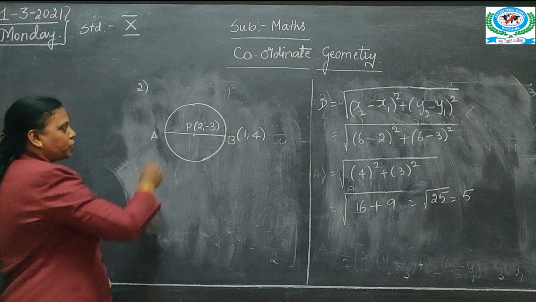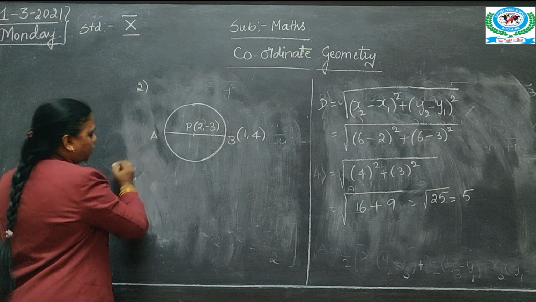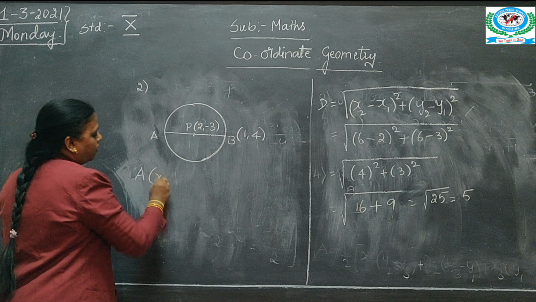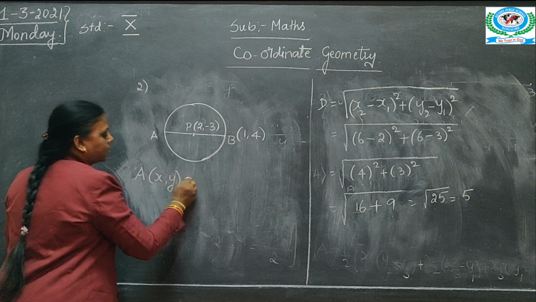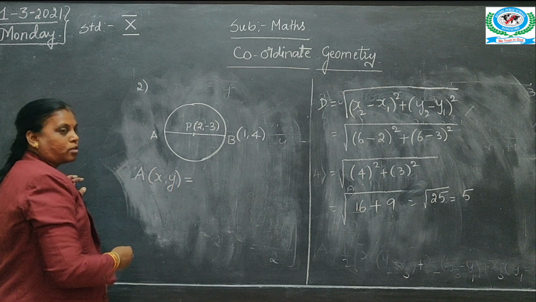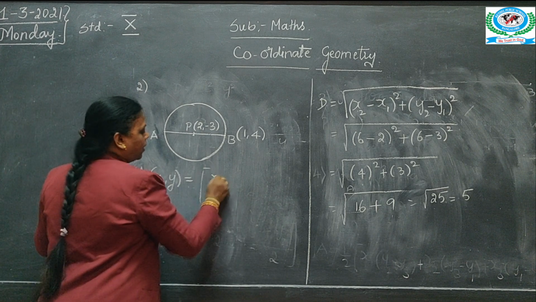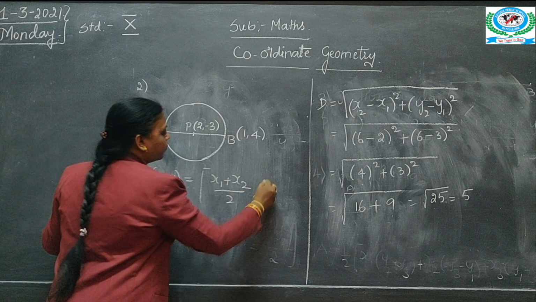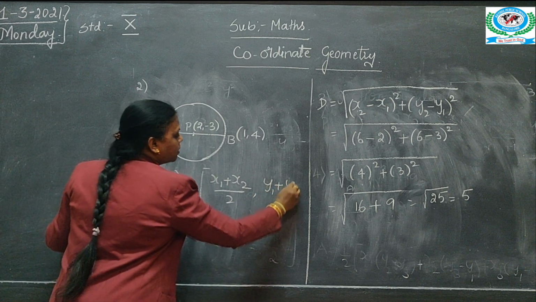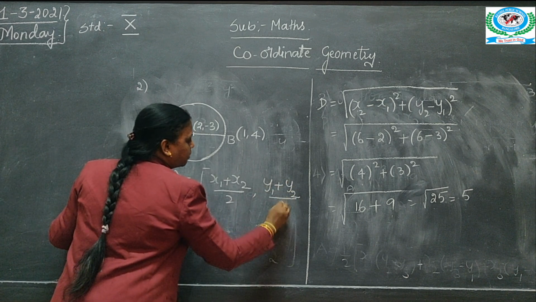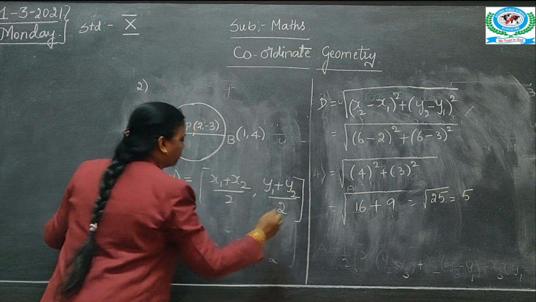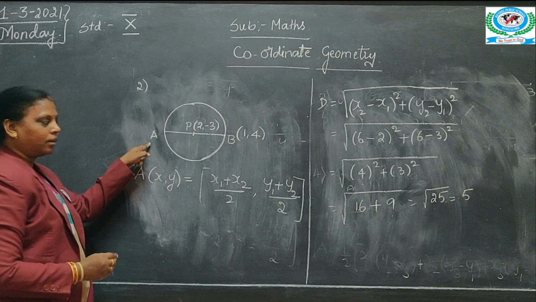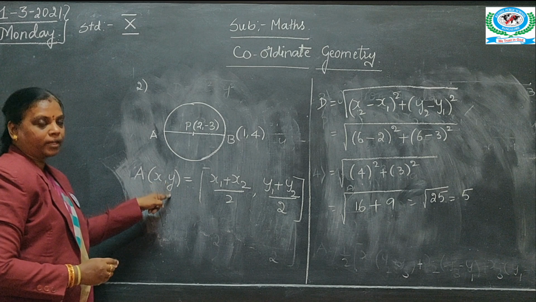So we take A as (x, y). The midpoint formula is (x1 plus x2) divided by 2, (y1 plus y2) divided by 2. Here A (x, y) is what we are going to find.